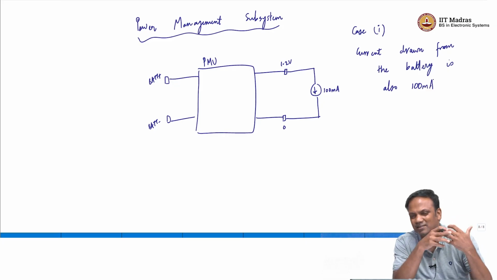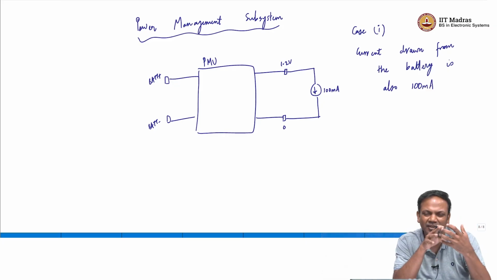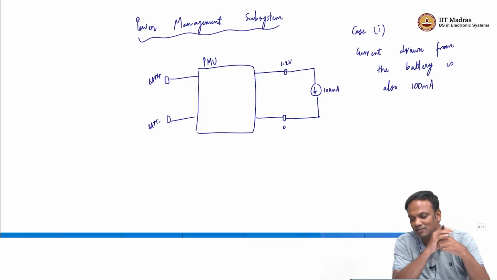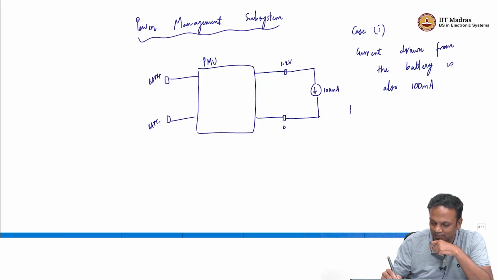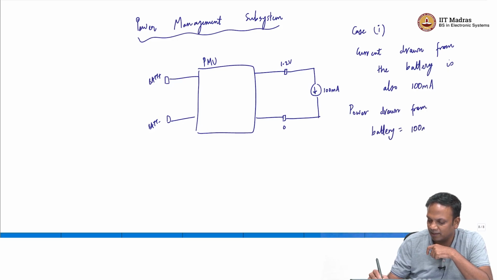We will come to what this black box will look like for that to happen, but let us say current drawn from the battery is also 100 milliamp, then the power drawn from the battery will be equal to 100 milliamp into the battery voltage.